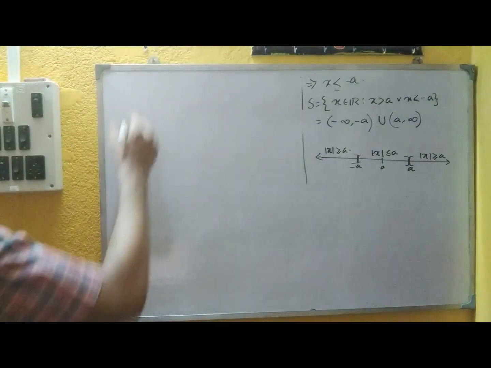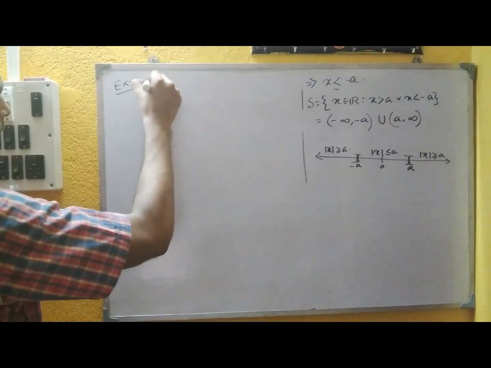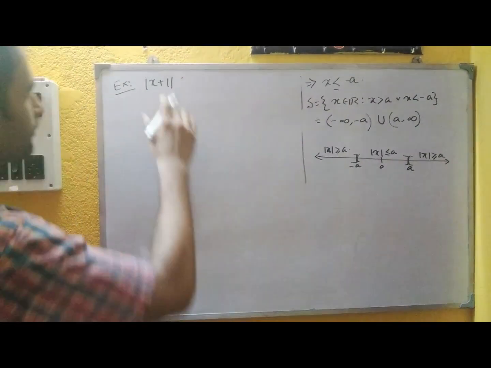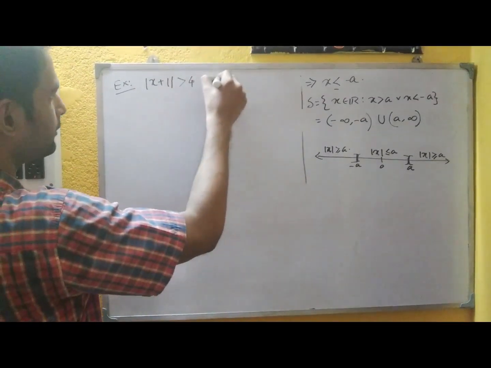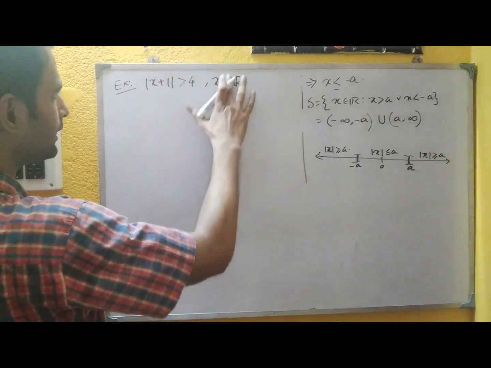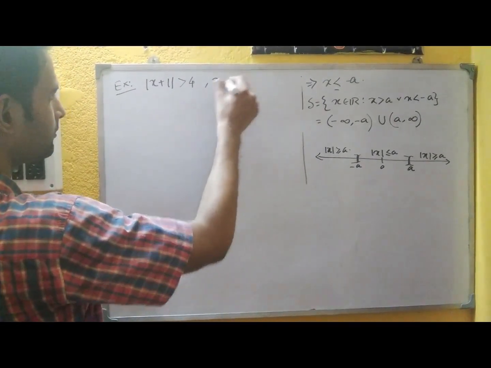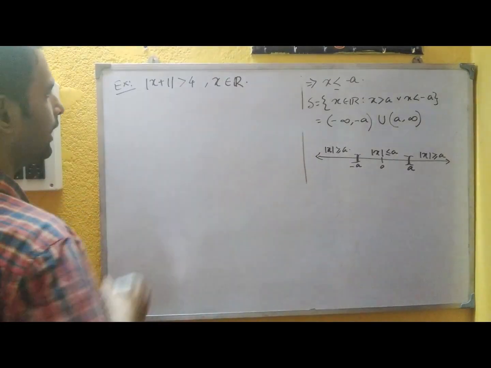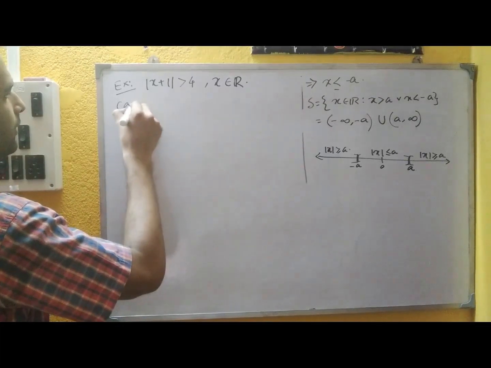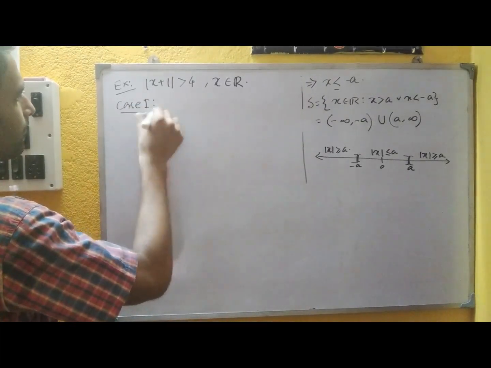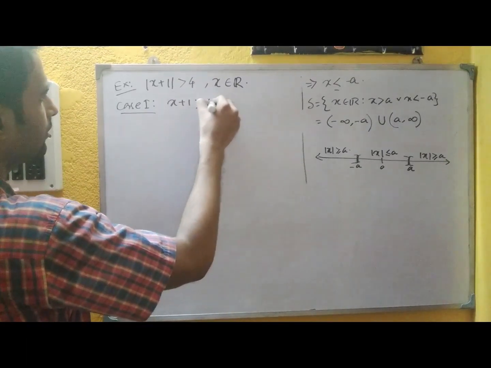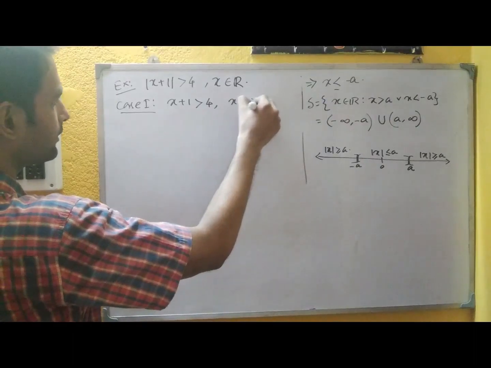So let us do this problem. Mod of x plus 1 is greater than 4, and the replacement set is given R. Usually whenever it is associated to modulus, the replacement set is given like R. So again there will be two cases. x plus 1 will be here when x plus 1 is greater than 0.